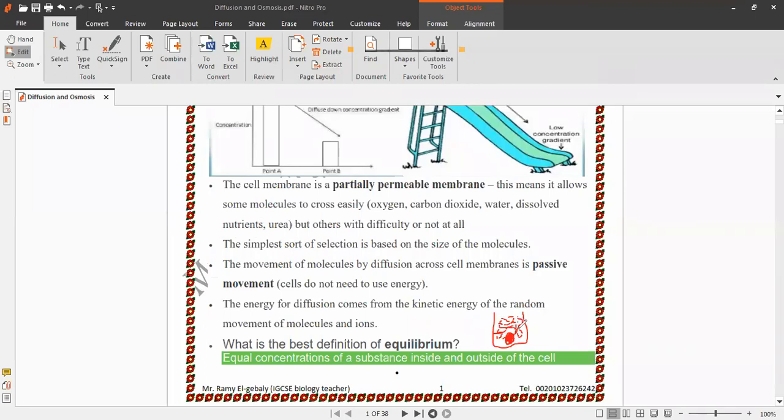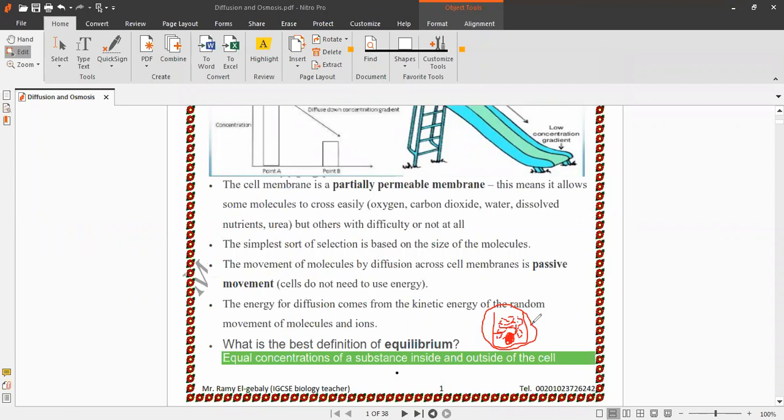And we say here, when you reach equal concentration in this liquid, you can say this is equilibrium, and the diffusion will stop.